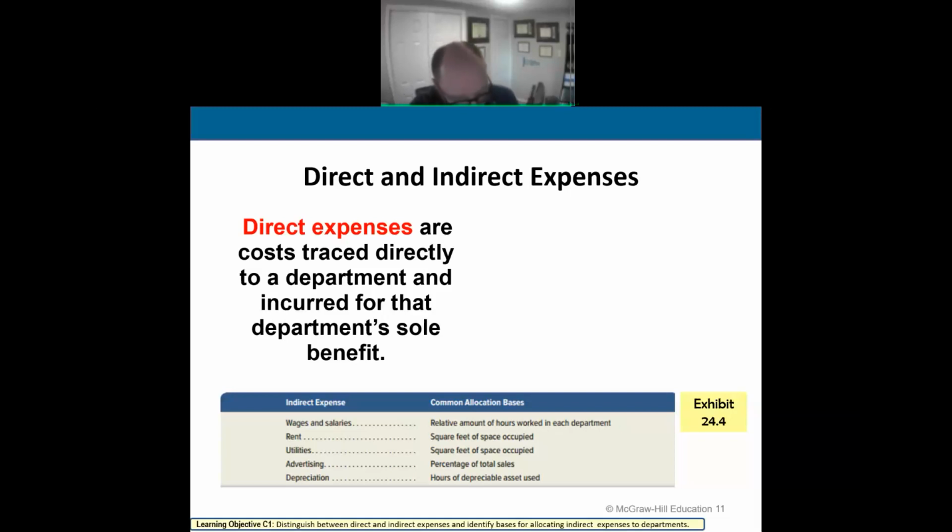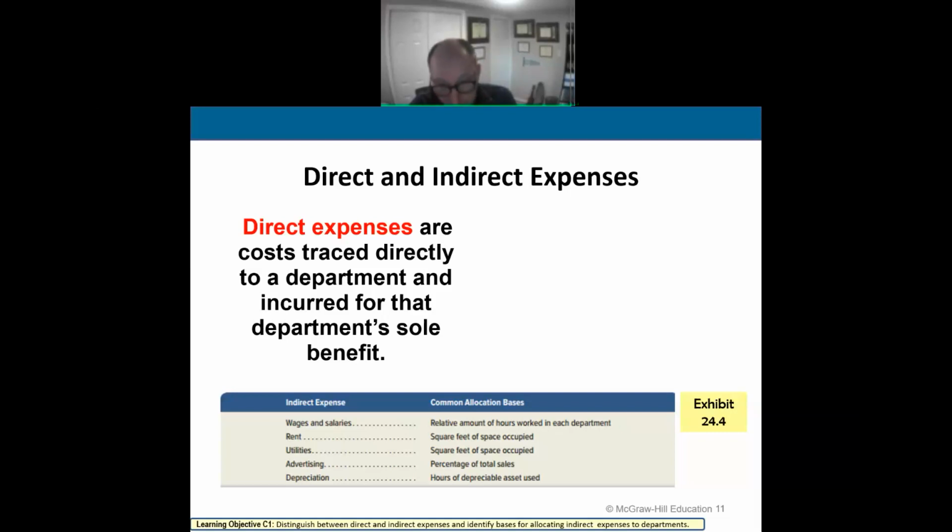How do I do that? If my rent is $1 million a month for my Macy's store downtown, so $1 million divided by the total square footage. If the square footage of my whole store is 500,000 square feet, that gets me a total of $2 per square foot. Okay?